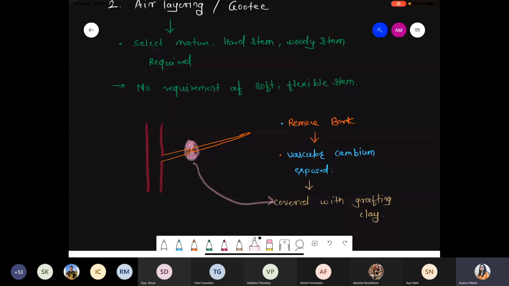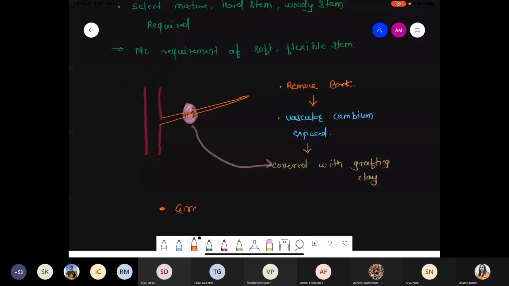Now we are talking about the exact composition of the grafting clay, because inside it some ingredients are present, and that's why it can induce root formation and give rise to a new plantlet. So one by one we are talking about the parts of the composition.